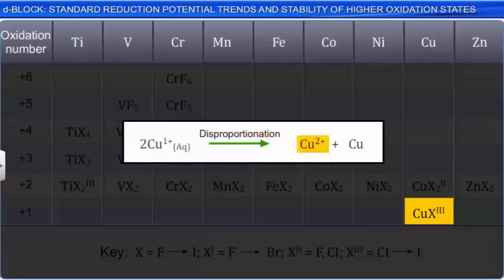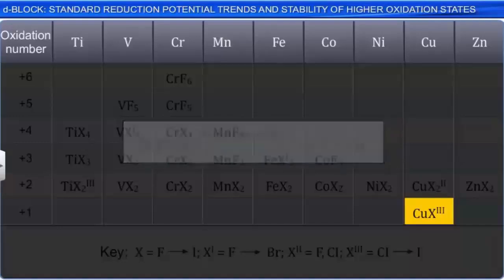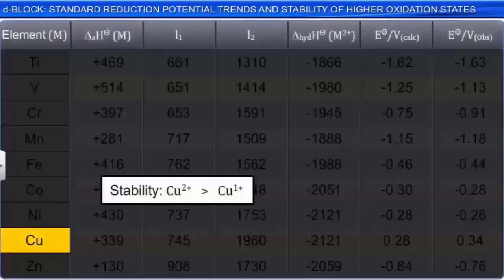The stability of Cu2+ ions rather than Cu+ ions is due to the higher negative hydration enthalpy of cupric ion than cuprous ion, which more than compensates for the second ionization enthalpy of copper.